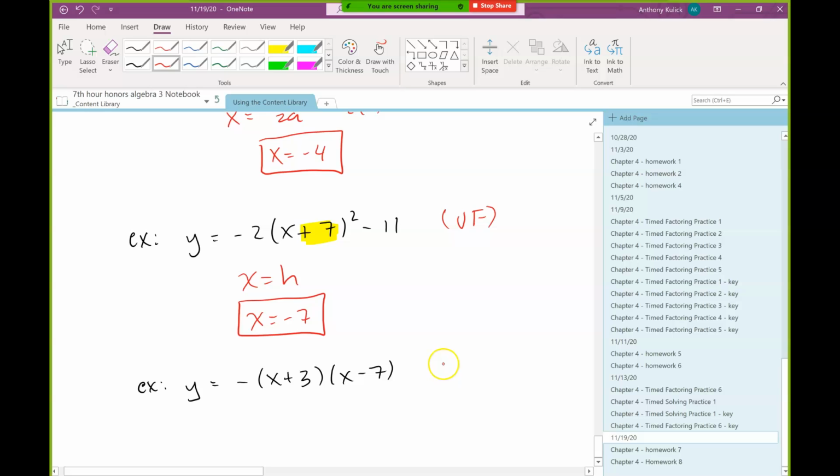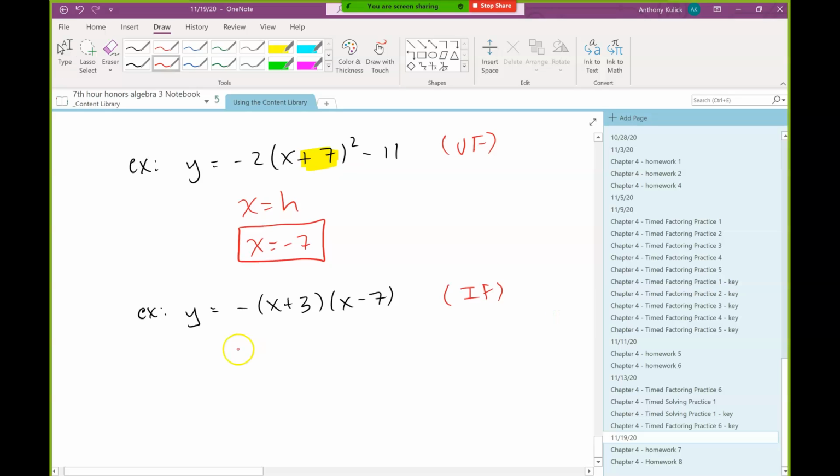Okay, one more example. We recognize just on sight that this is an intercept form. So the formula I need is x equals p plus q over 2. My value for p is the opposite of the first parenthesis, and my value for q is the opposite of the second parenthesis.